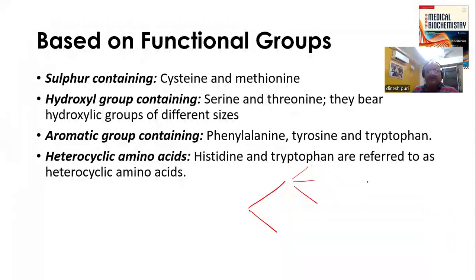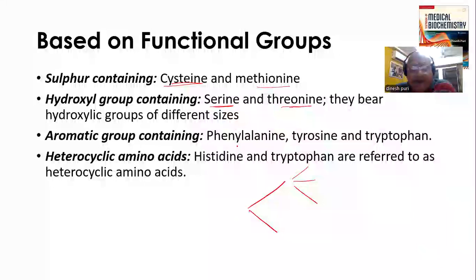The second classification scheme is based on the structure of the functional group. So sulfur containing, we saw CH2SH; there is another one, methionine also. Serine we saw, a hydroxyl group; there is another, threonine also.